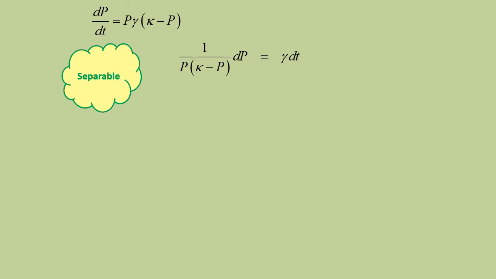Now the constant gamma could go on either side, so we'll just leave it over here on the right. We integrate both sides, with respect to t on the right, P on the left, and we have to do the integral on the left-hand side using the partial fraction decomposition that we studied back in Calculus 2.